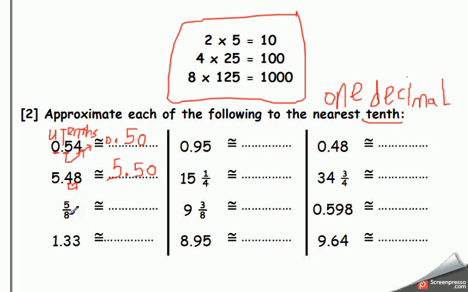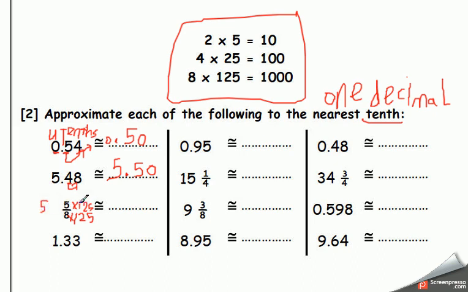Now I have a fraction. What can I do? I should convert it to a decimal number. How do I convert this fraction to a decimal number? The denominator is 8, so I will multiply by 125 to make the denominator equal 1000. So I will multiply by 125 up and down. 5 times 5 equals 25.